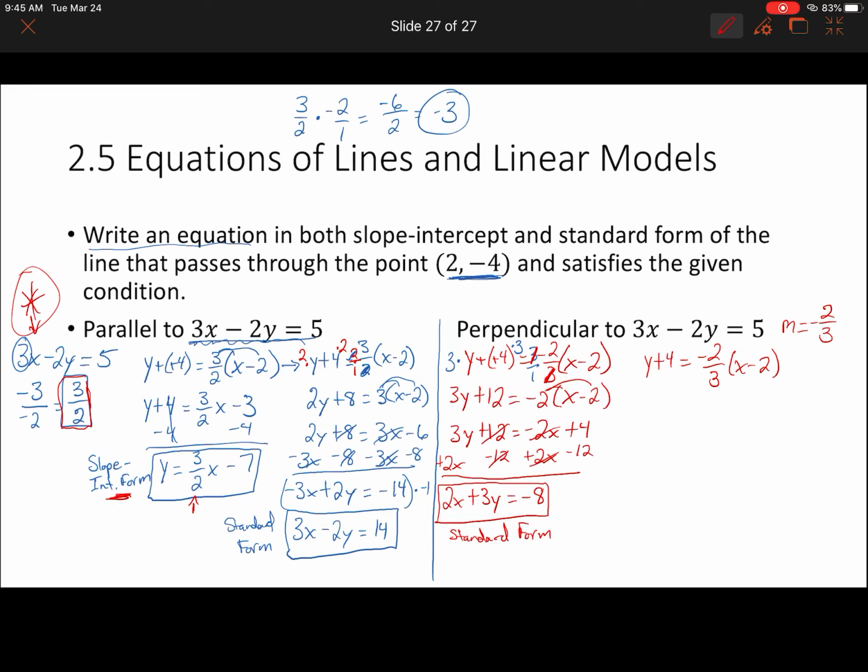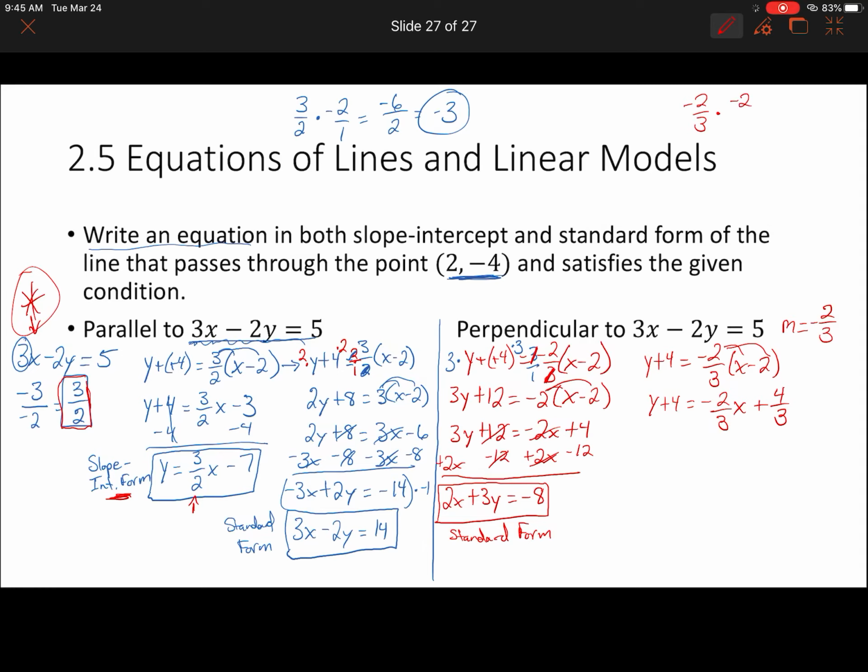And then again, I told you when we go to slope-intercept form, there's only 2 steps left. We're going to distribute and we're going to move the 4. And so when we distribute, we're going to have y plus 4 equals negative 2/3 x plus 4 over 3.